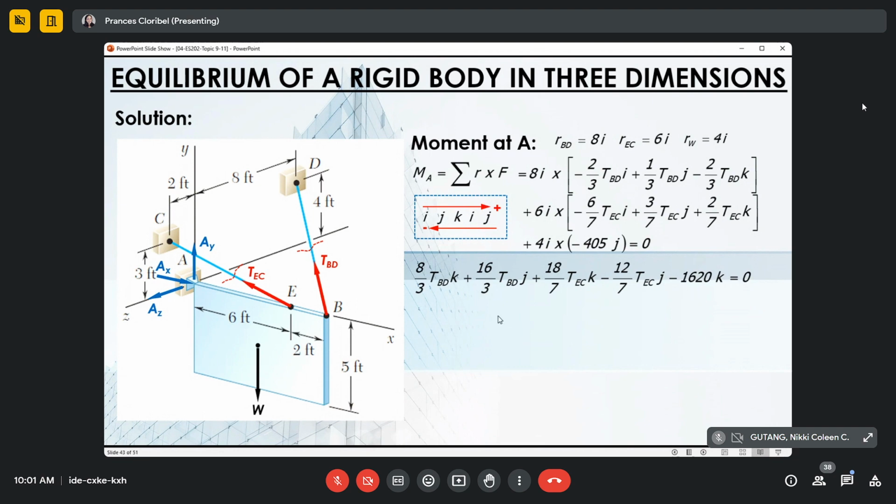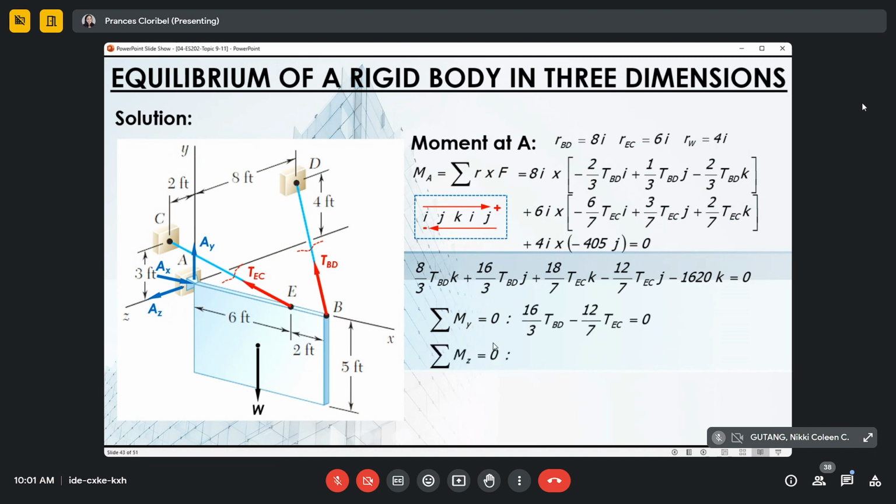Now we combine the k, k, and k terms, and the j and j terms. We have no i, so our moment at A has zero moment about the x-axis. Summing up moments along y, we combine the j vectors and equate to 0.